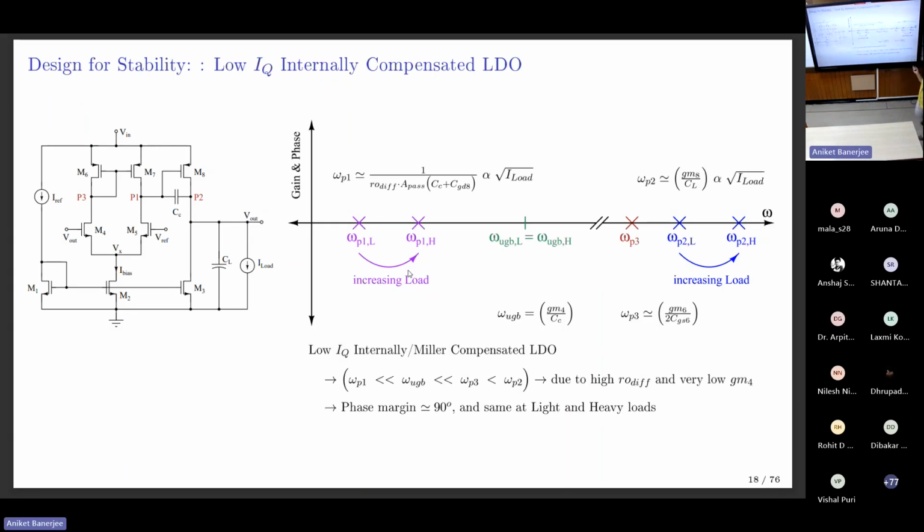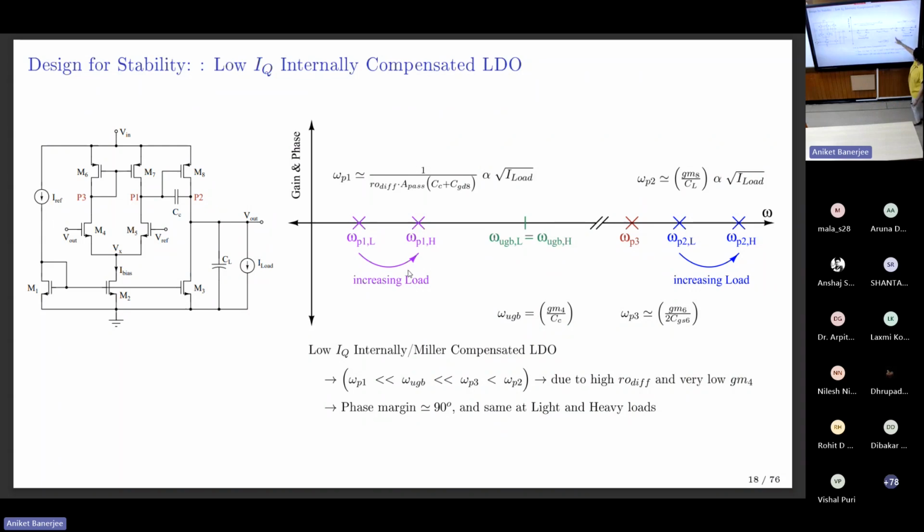Okay, so this is the third case, which is a very low IQ case. Suppose I have an application like an IoT, etc., where I have very low quiescent current here. If I have very low quiescent current, what happens to the GM of this? The GM will go down.